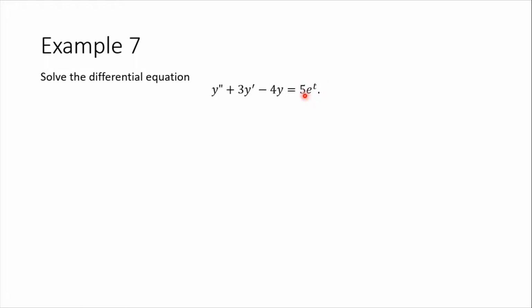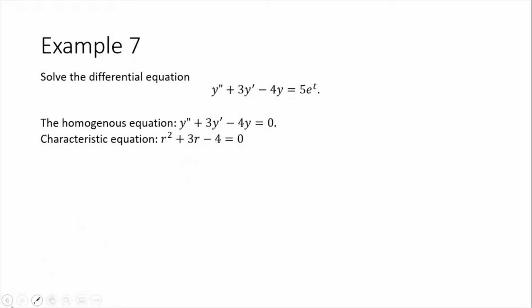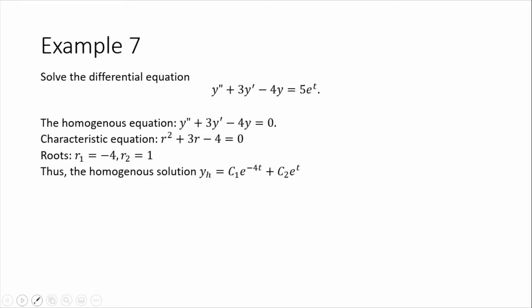What about if we have an exponential, for instance, this one, 5e to the power of t. Okay, again, we have to find the homogeneous equation, right? Find roots. It is the same with what we have before. So the homogeneous solution will be this one. Again, this is exactly the same. Okay.